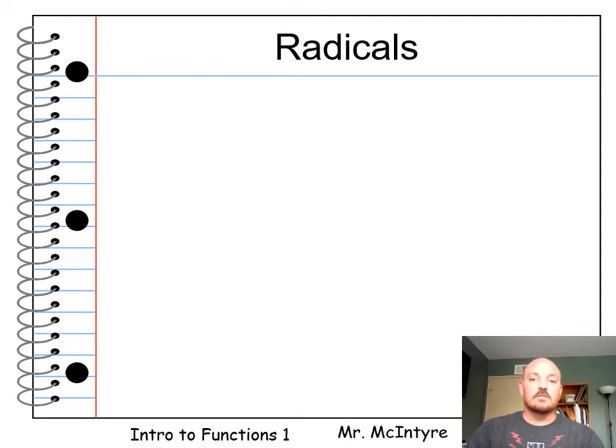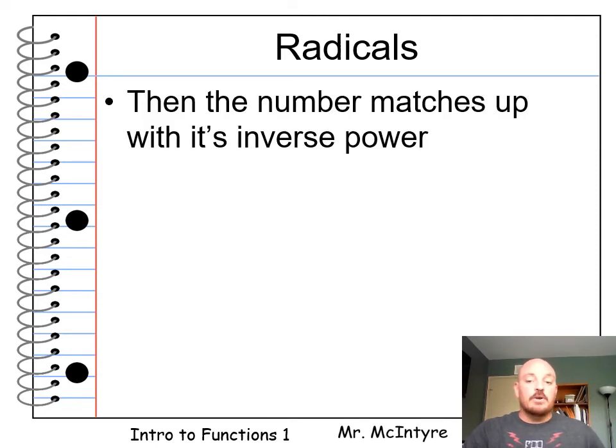Now the way it works, the number in front of the radical matches up with the power of the inverse function. So a cube root, or a third root, is the inverse of x to the third power. A fifth root is the inverse of x to the fifth power.